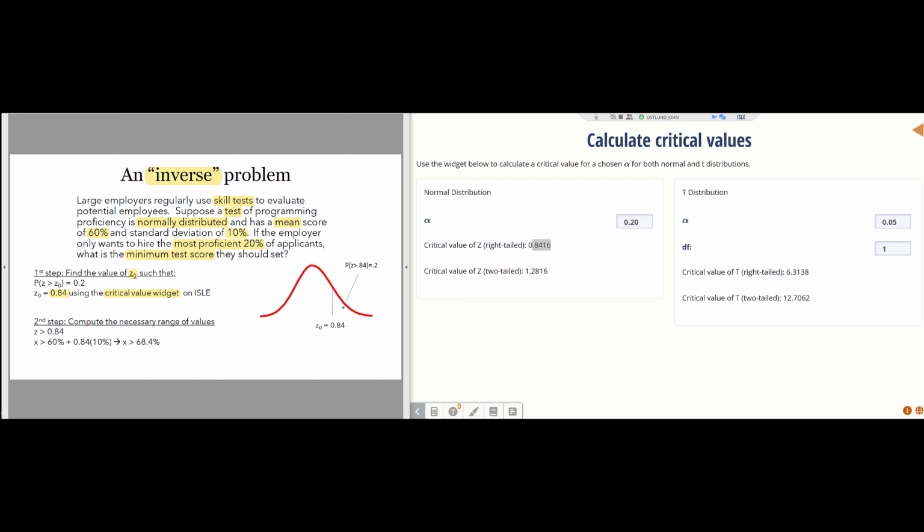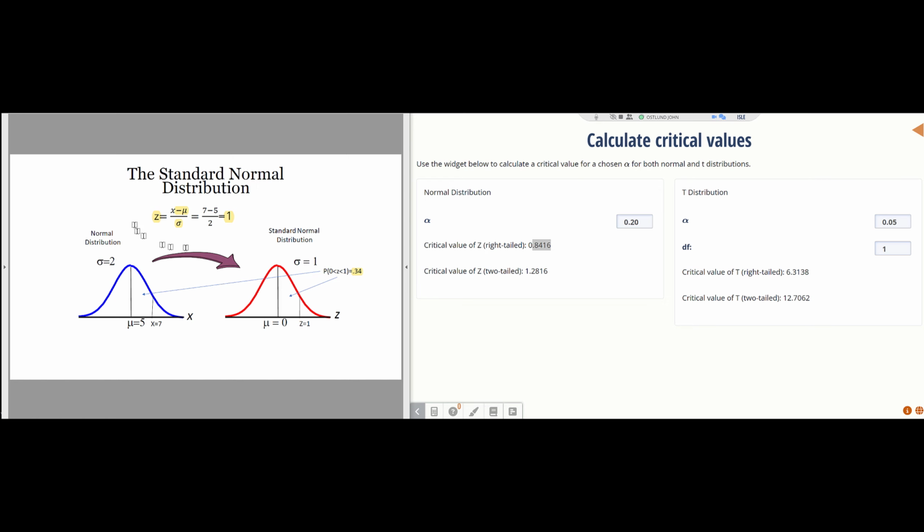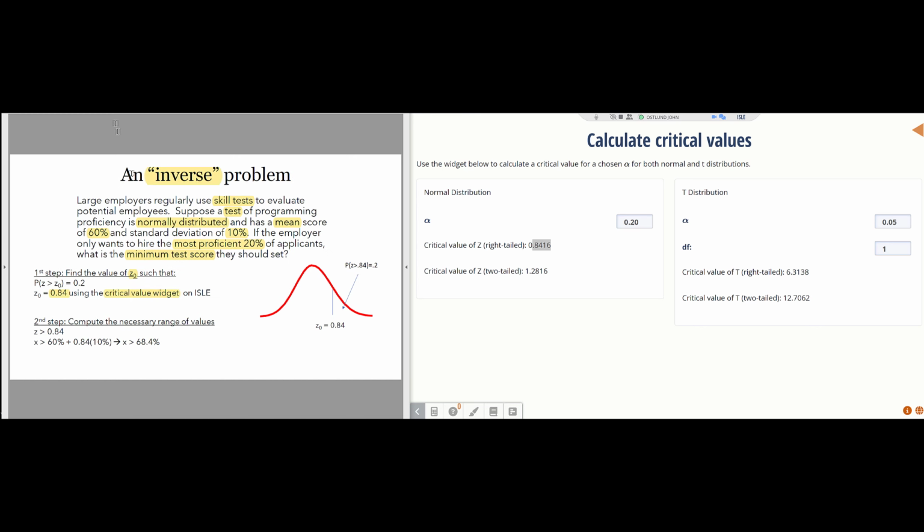Now, just as we could compute a z-score from the value and the actual mean and the actual standard deviation, we can turn this around. We can multiply the z-score times the standard deviation and add the mean to get our minimum score.